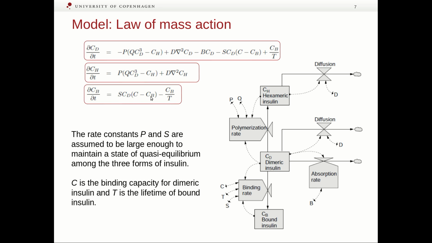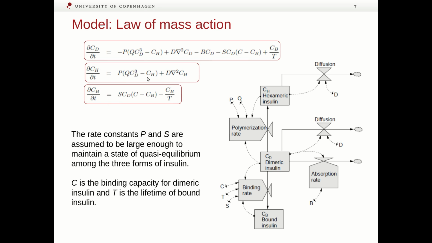It will be bound at a rate which is the product of the actual concentration of dimeric insulin and the number of free binding sites. And the number of free binding sites is the binding capacity minus the sites that have already been used. And then there's a rate factor in front of it that determines how fast this process will develop.